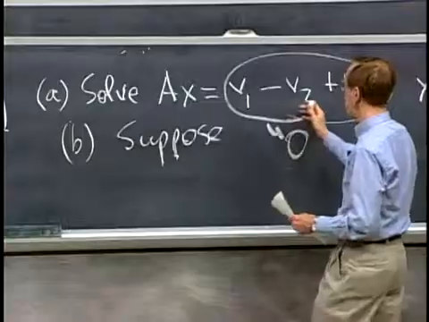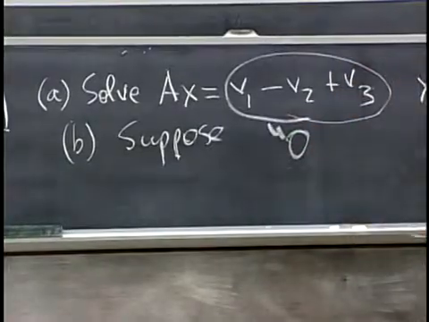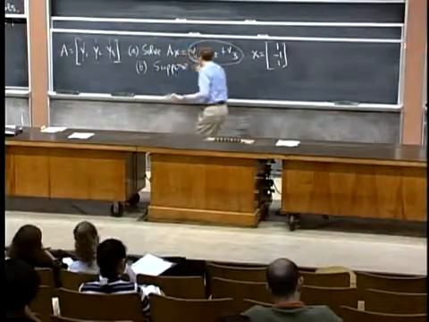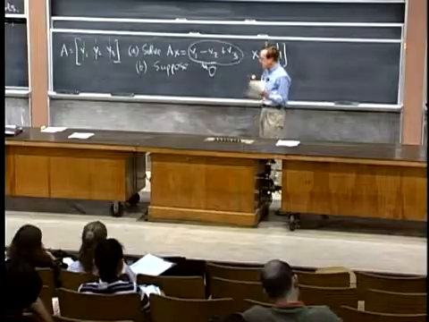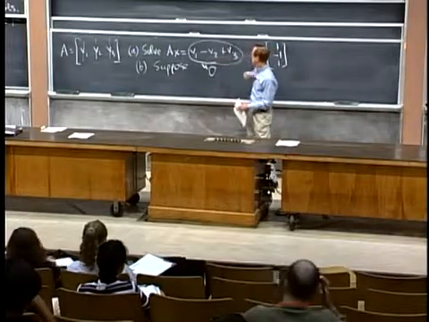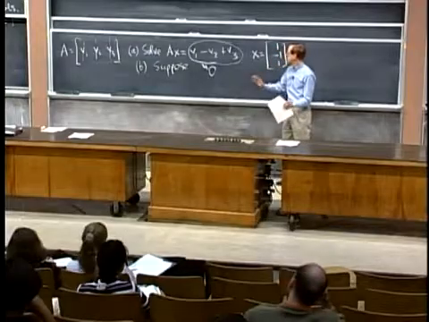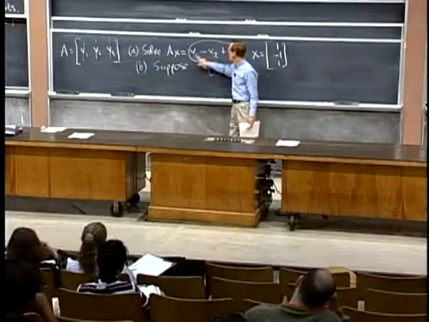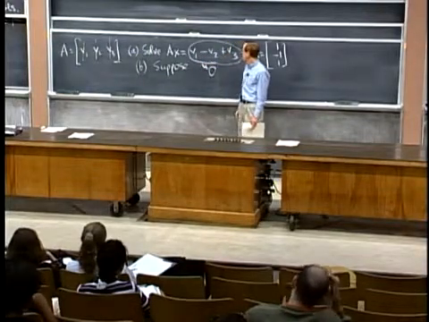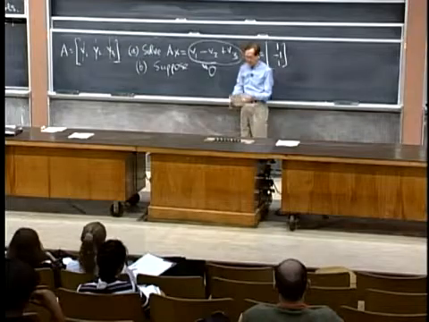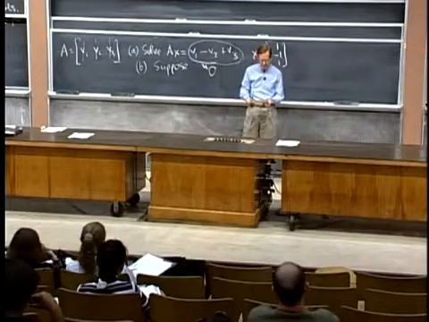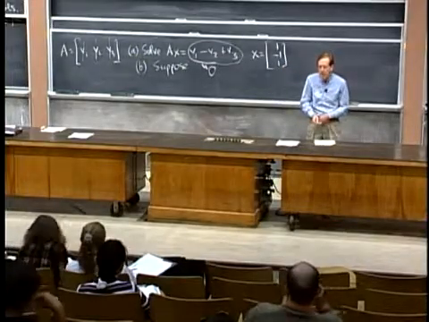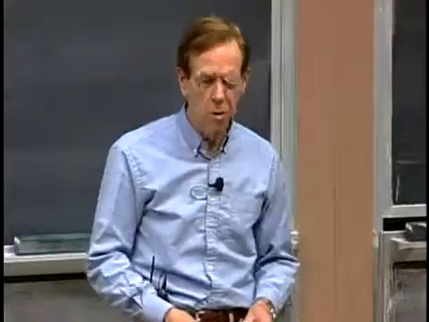Suppose this combination, v1 minus v2 plus v3, is 0. It's a separate, totally separate question. If I have a matrix, and I know that column 1 minus column 2 plus column 3 is 0, what does that tell me about whether the solution is unique or not? Is there more than one solution?